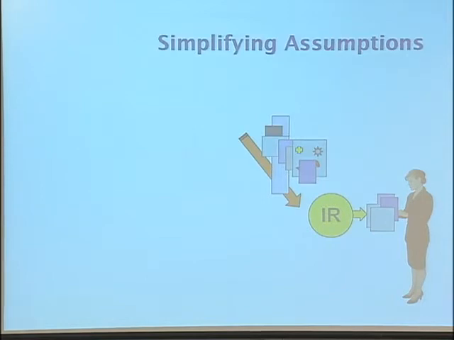There are just a couple of simplifying assumptions that a lot of the research in information retrieval makes. So I just want to talk a little bit about these simplifying assumptions. First, we typically assume that the collection is static. So instead of having a stream of documents coming in, we just have a big static collection.